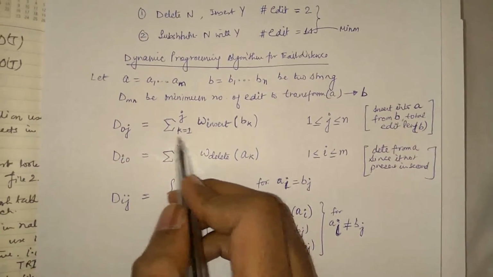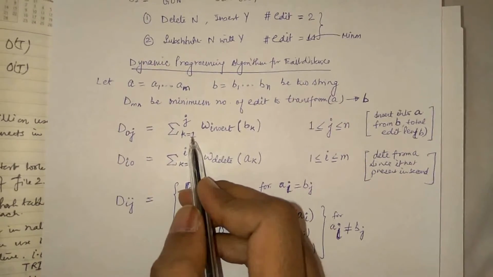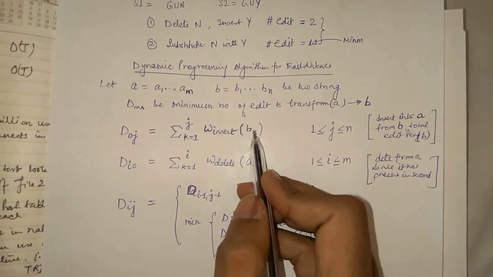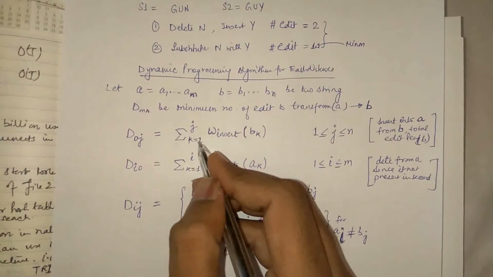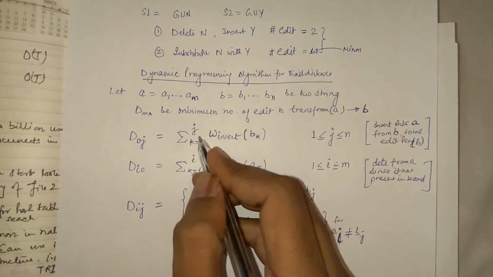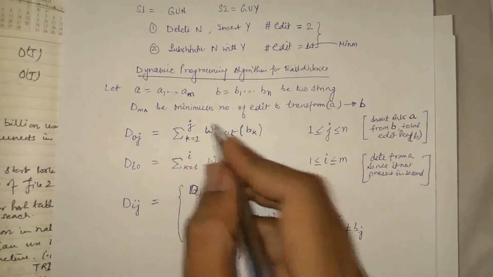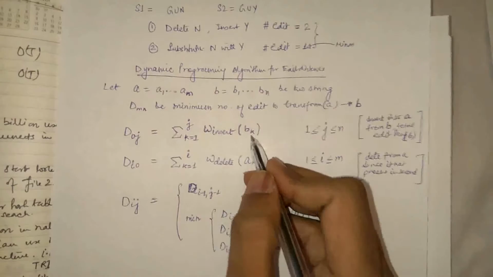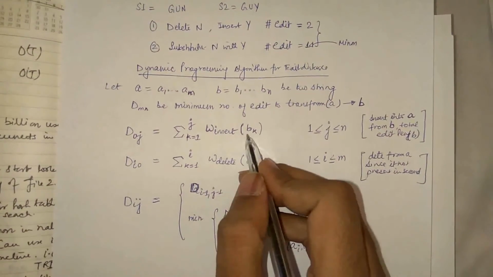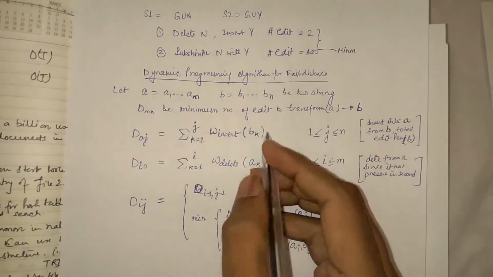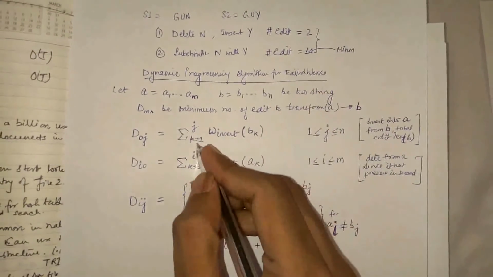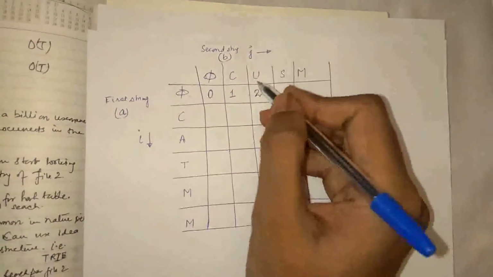If j is equal to 2, k goes from 1 till k is equal to 2. So B1 and B2, two insertions, that is k equals 1, B1, and k equals 2, B2. Two insertions, so two operations, that is 2. So this will be 2.